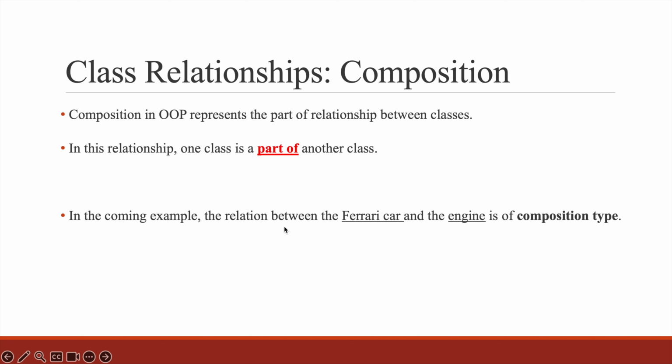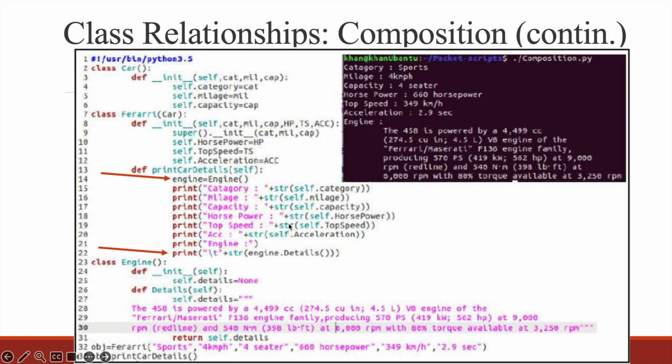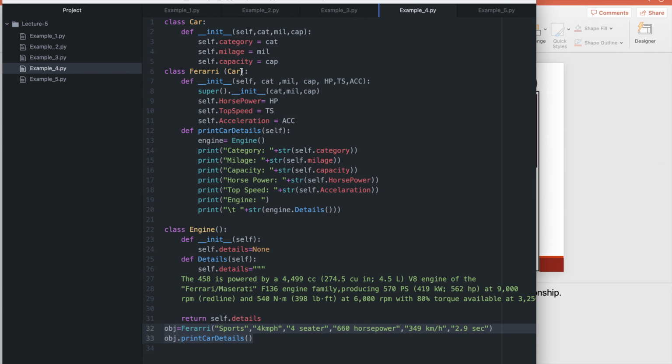And in the coming example, we have a relationship between a Ferrari car class and an engine class. And the type of relationship is composition. And we'll see how we write that in code. So here in this example, we have a class called car, and we've seen this before. And then we have a class called Ferrari, which extends car.